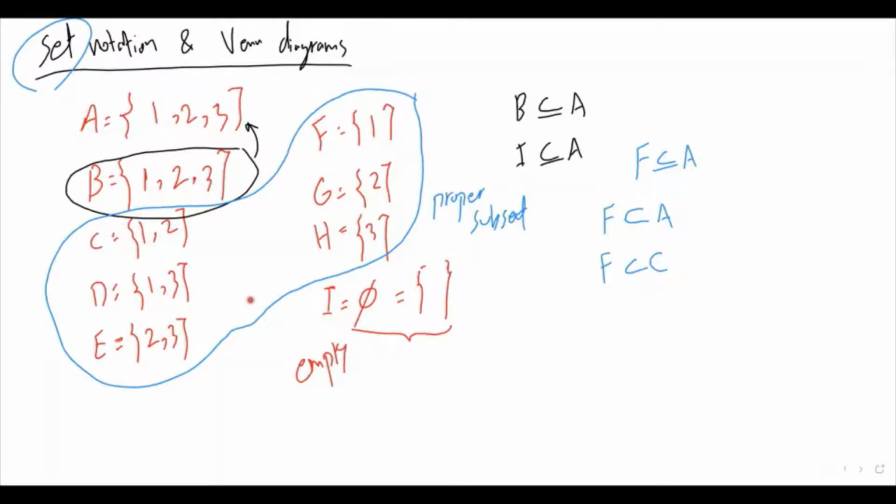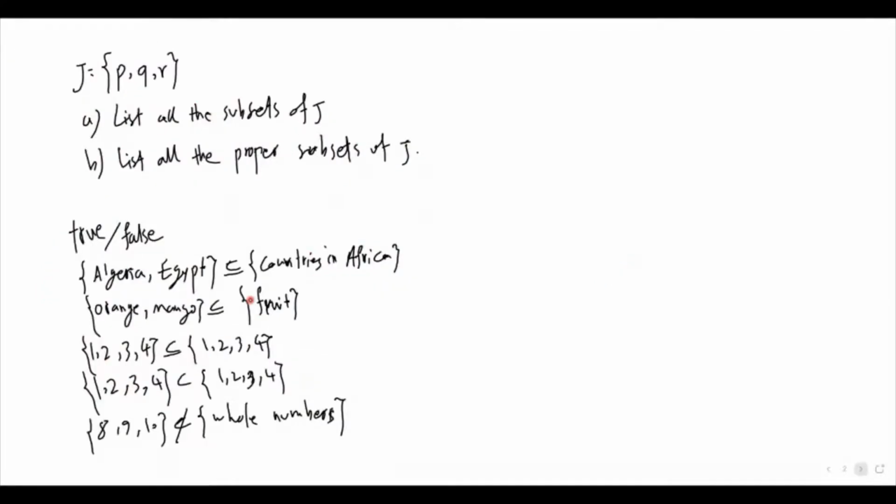So to understand this better, maybe we can do some examples here. Yeah, so let's go through these two examples. The first one, we're given a set which has 3 members, and we're asked to list all the subsets. So you can start with the set itself, just copy down the set itself, all the members.